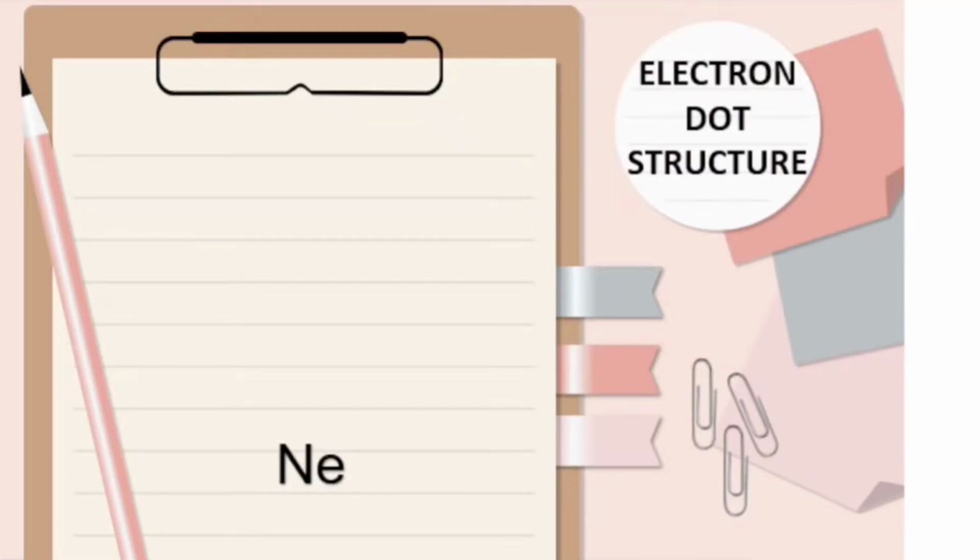So, let's start writing the electron dot structure of some elements. For sodium, since the valence electron of sodium is 1, put 1 dot.